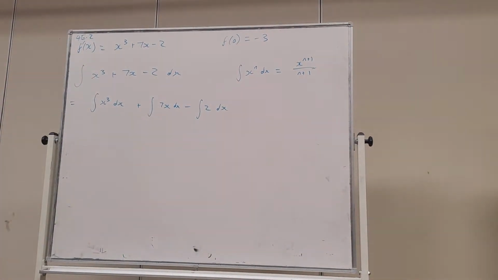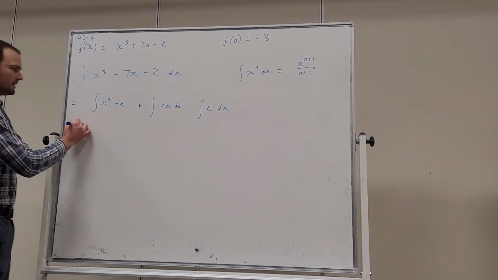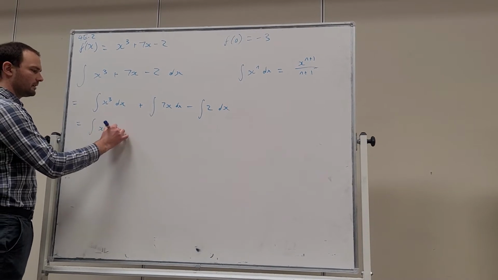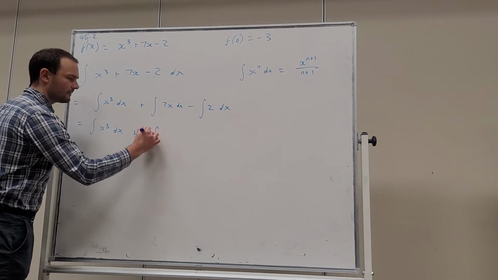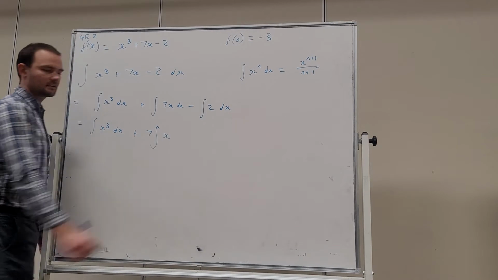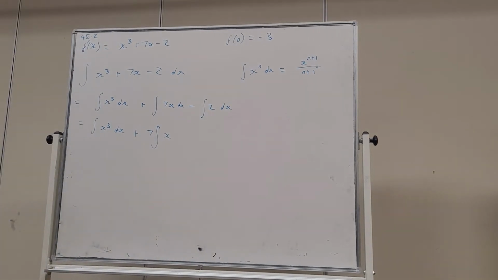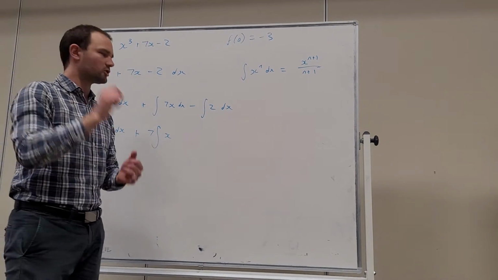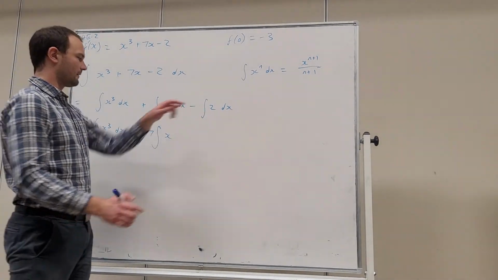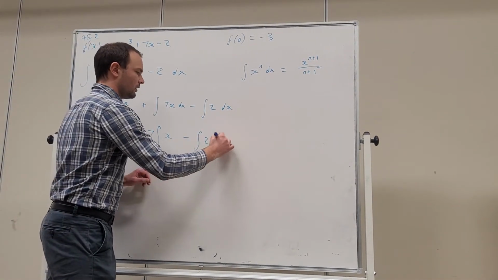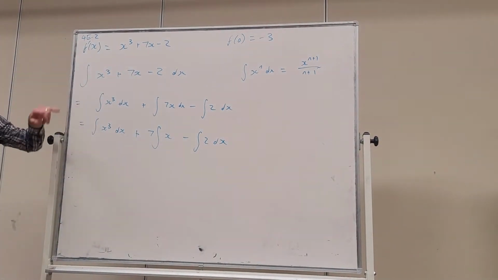And then one way you can think about it is it's the integral of x to the 3 plus 7 times the integral of x. Alright, so if there's a number, that can just come out the front of the integral. Just like differentiation, when we differentiate, the number just hangs out there. And then we take the integral of 2. Okay, so all these steps are completely unnecessary.